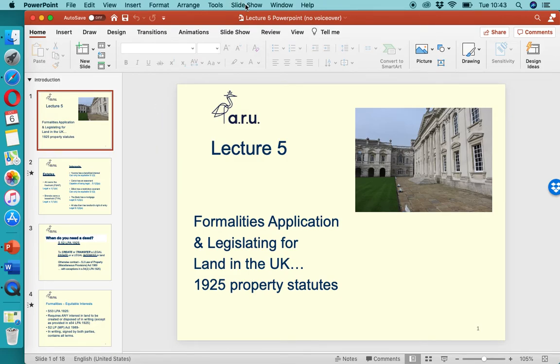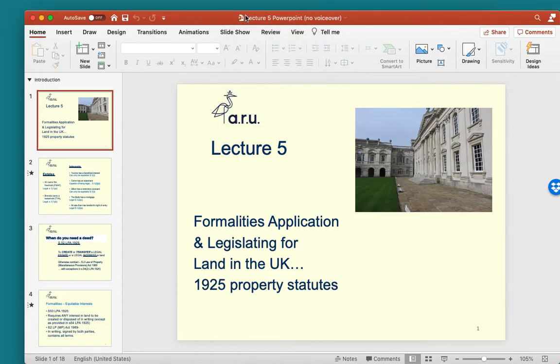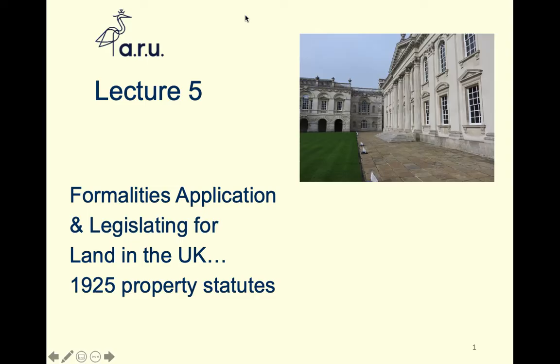Okay, so what we're doing today is we are going to look at some of the exercises we've done already together and then apply the formalities down onto there. Hopefully you'll have seen in the previous lecture or supplement the 4-box method that I like to use.